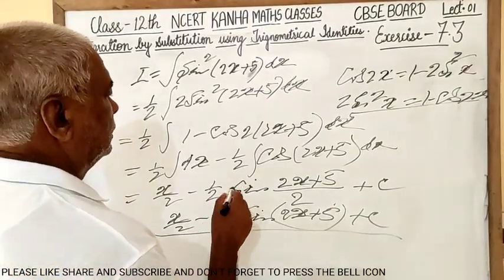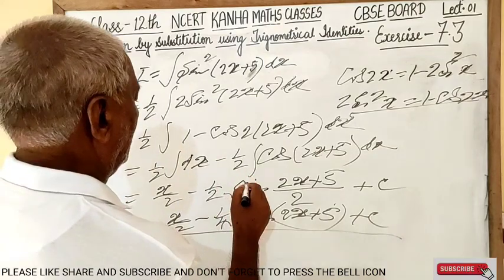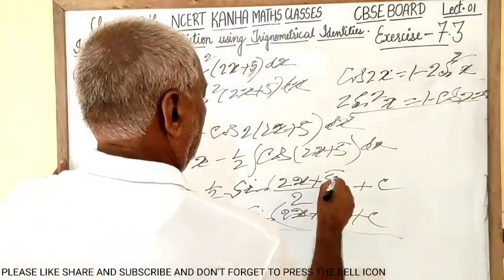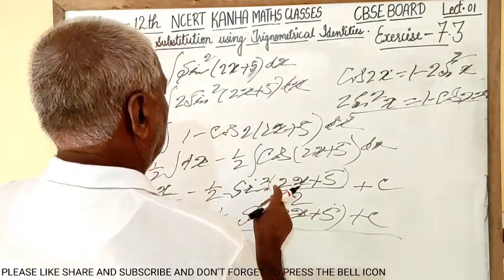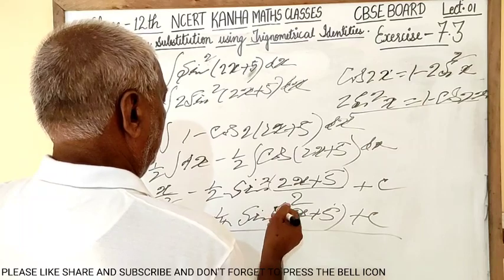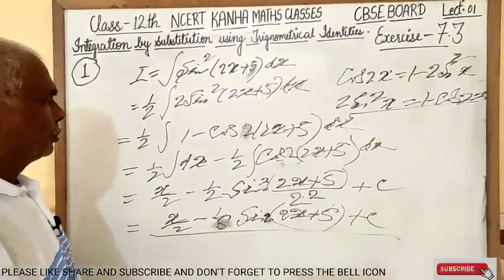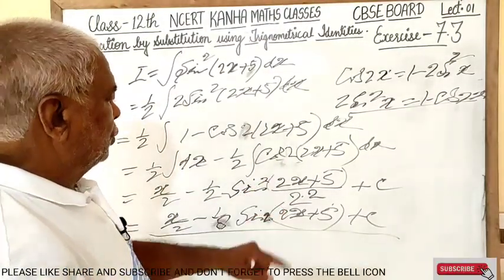Now we have overlooked this 2. Here we have overlooked 2, hence we must write here 2.